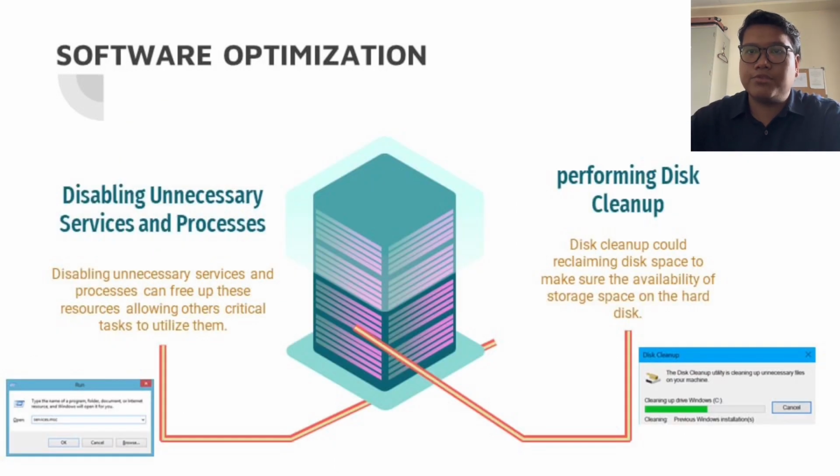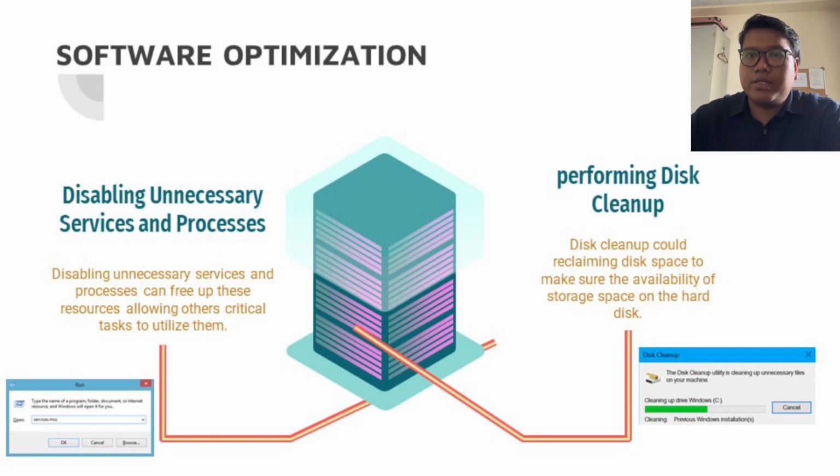Next, moving into the strategies of solving bottlenecks caused by software. One of them is disabling unnecessary background services and processes. By doing this, we could improve the performance of an operating system as it reduces the usage of resources. Services and processes require system resources to keep executing, even if they're not actively used.